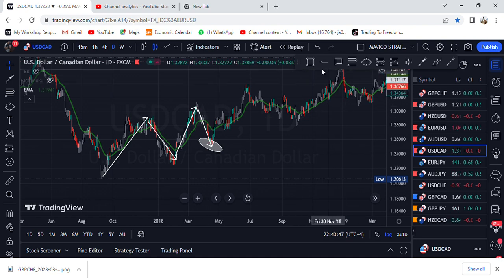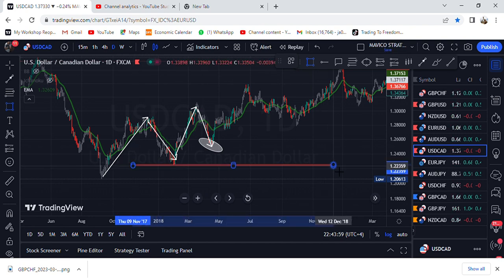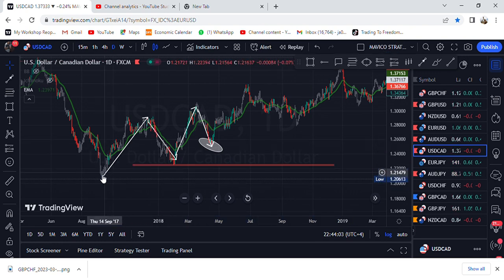So first thing you do, when this first section forms, is you put your neckline, because the next movements are going to be determined by the neckline. This is your neckline.